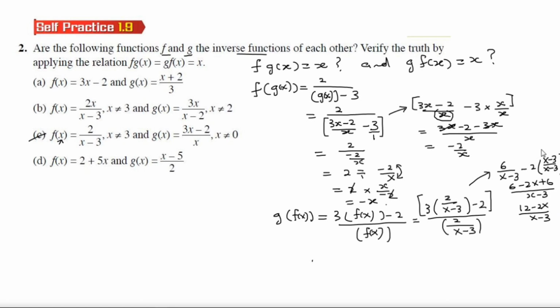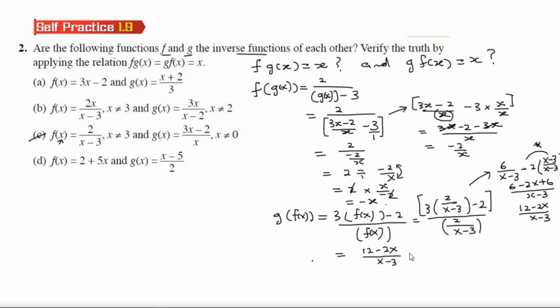同学们在乘 negative 的时候呢，你要特别的留意 negative 2乘 x 是 negative 2x。这个 negative 跟这个 negative 相乘呢，它会变成 positive 的，所以在这边呢，你要特别的留意。So the numerator 它的分子呢是12 minus 2x over x minus 3.